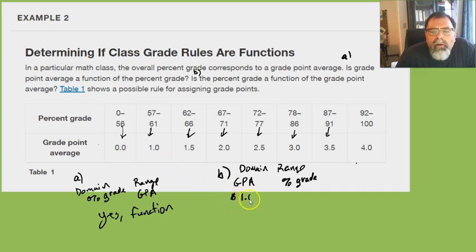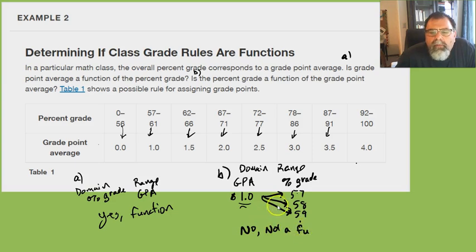If you got a 1.0, there's a whole bunch of possibilities. You could have had a 57, you could have had a 58, you could have had a 59, and so on. So for just this one, there will be several answers, not just exactly one. So this one is no, not a function.